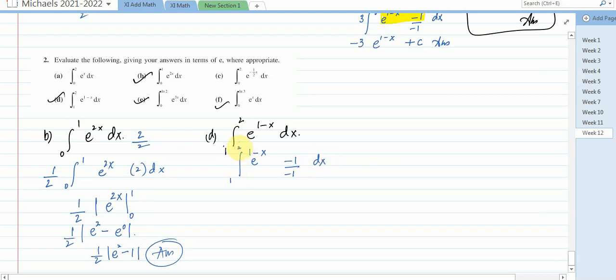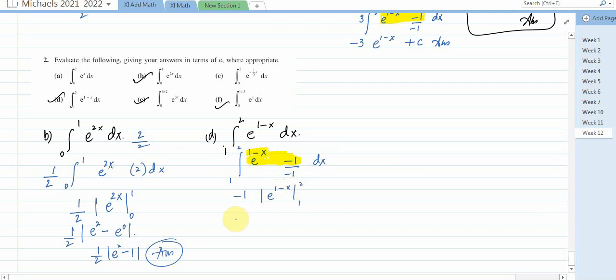Now the derivative of the power is right next to it, the function is ready to integrate, and this denominator minus 1 I will take outside the integral sign. The exponential will be e to the power 1 minus x, with limits 1 and 2.